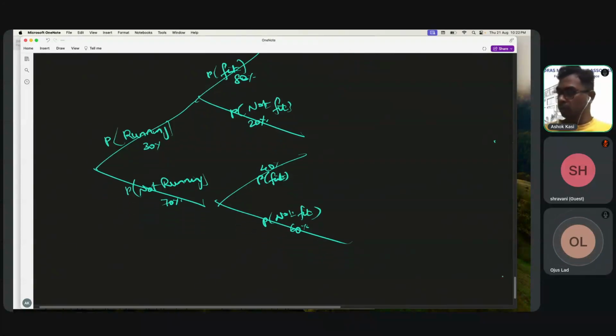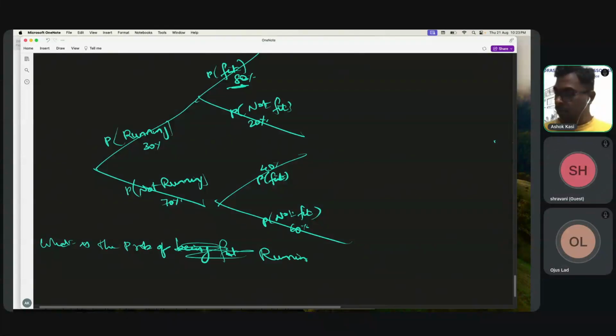So now when I want to know the probability of being fit, that means I'm making fitness unconditional. Now, what is the probability of running given you are fit?